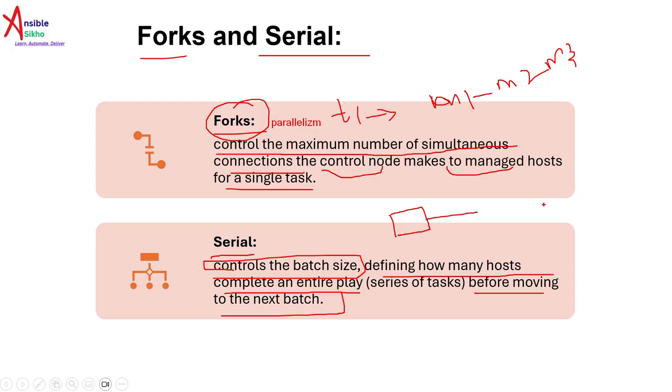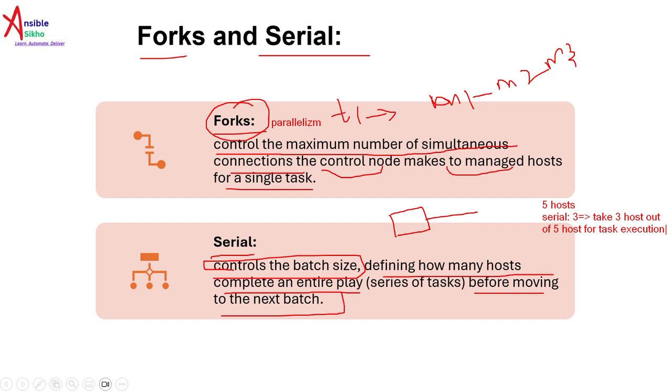Let's say I have five hosts. If I write serial: 3, it is going to take three hosts out of five hosts for task execution.